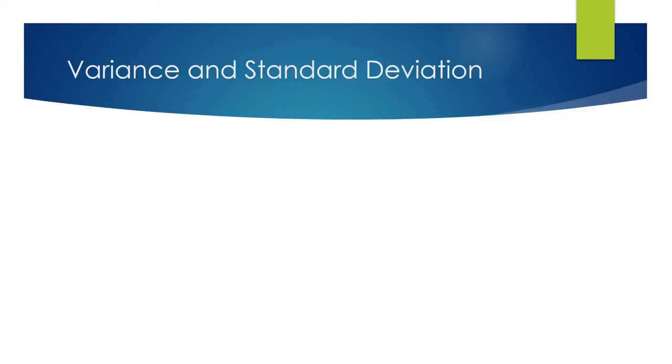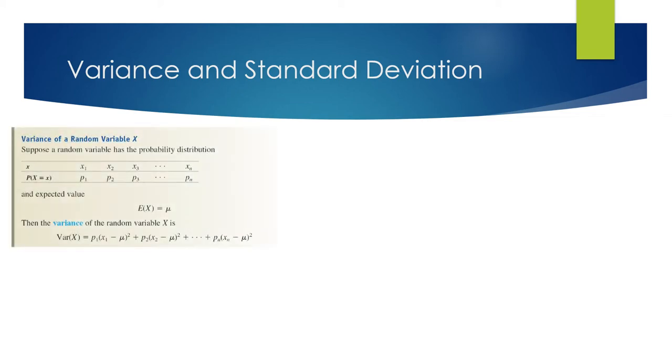So, what are variance and standard deviation? The variance of a random sample is essentially when I take the expected value, and this is the symbol mu. Mu is just another way of saying mean. Expected value and mean are essentially the same thing. The variance is measuring how far apart each score is individually from the mean.